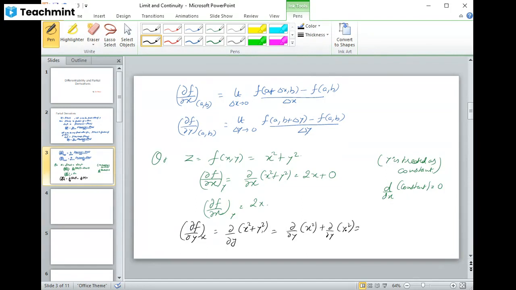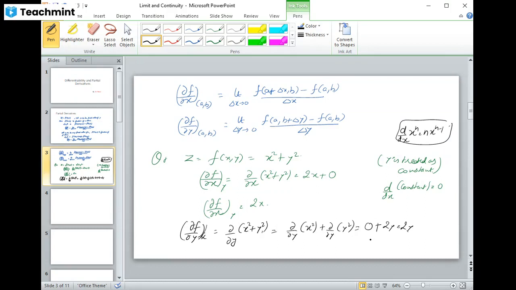In that case, the derivative of x square with respect to y is 0 and the derivative of y square with respect to y is 2y. So x is treated as a constant and we are differentiating with respect to y. That's the reason the derivative of x square is 0 and the derivative of y square is 2y, using the formula that the derivative of x power n is n times x power n minus 1. With the help of this property, we can get this partial derivative.